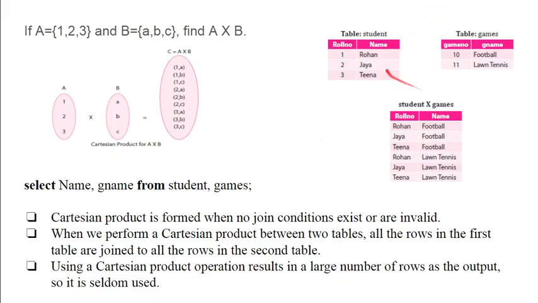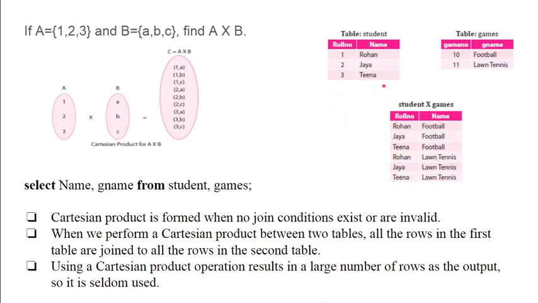You can see in this Cartesian product there are a large number of results, and some of the results generated are false results, like Rohan football and Rohan lawn tennis. That is, a few results generated may be false.